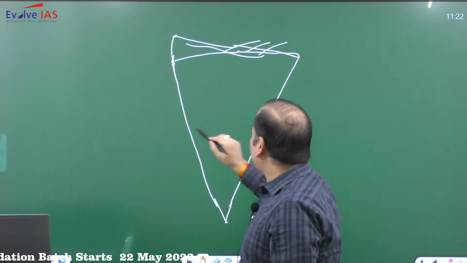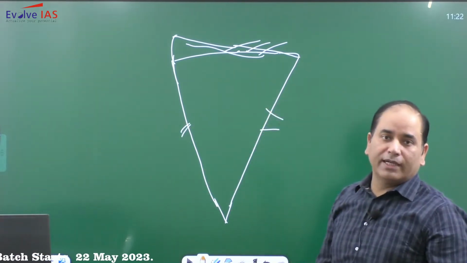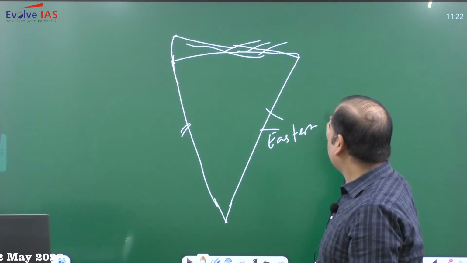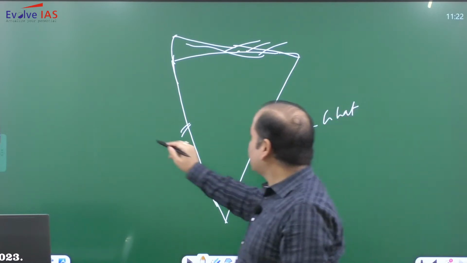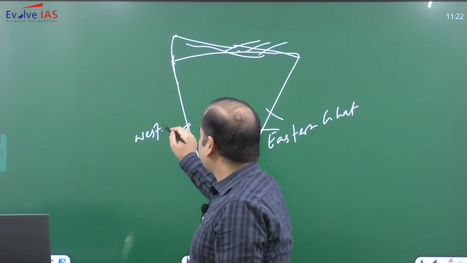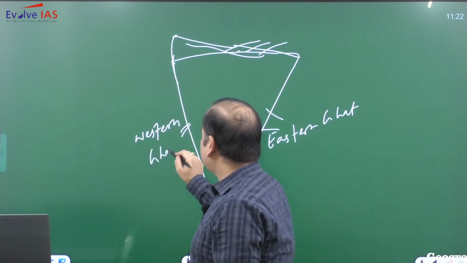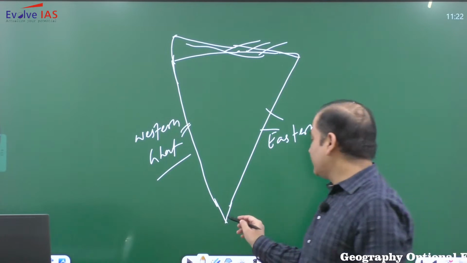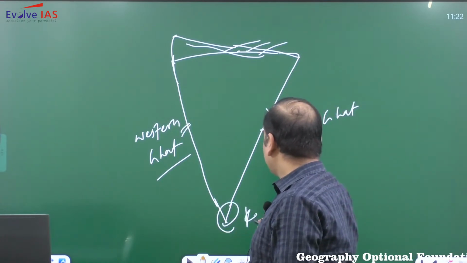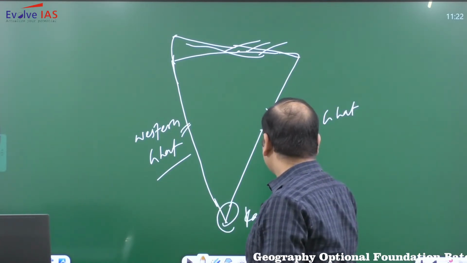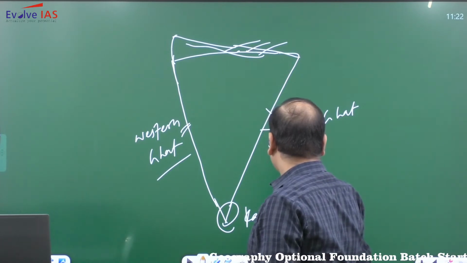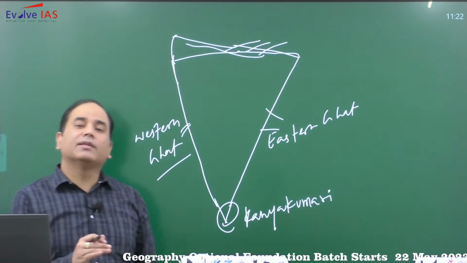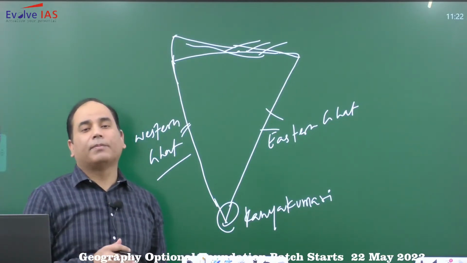The eastern and western boundary of the plateau is formed by the Eastern Ghat and this is the Western Ghat. So the Eastern Ghat and Western Ghat form the eastern and western boundary, and this apex is Kanyakumari.